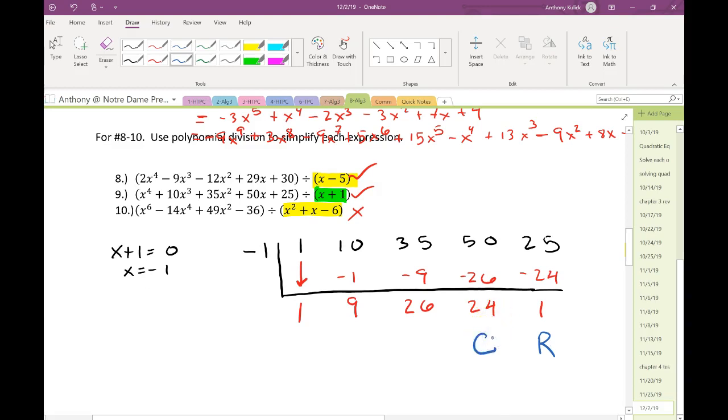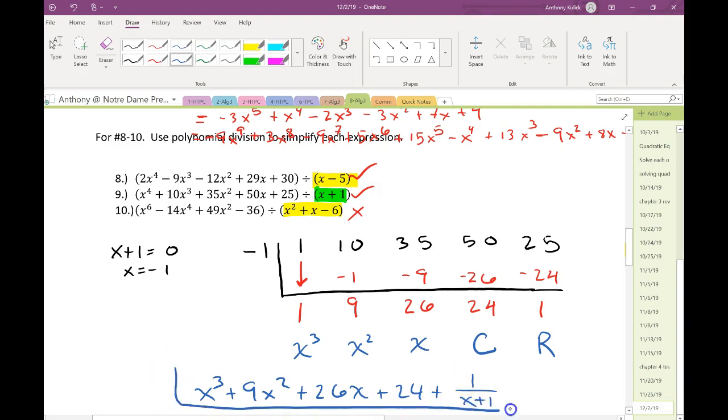And then we have the constant term, the coefficient on the x, the coefficient on the x squared, the coefficient on the x cubed, and so on. So our answer is x cubed plus 9x squared plus 26x plus 24 plus our remainder over our divisor. And we are done.